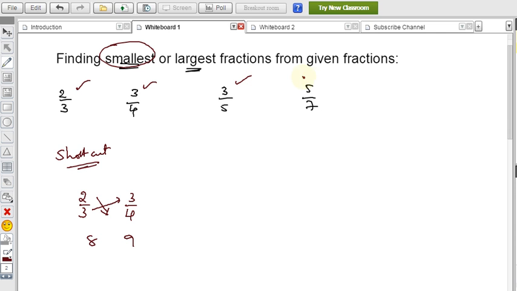Take the next, second, third and fourth: 3 by 5, 5 by 7. 3 7s are 21 and 5 5s are 25. Now in the first pair the smaller one is 8, in the second pair the smaller is 21. Now 9 and 25 are the larger in the two cases.